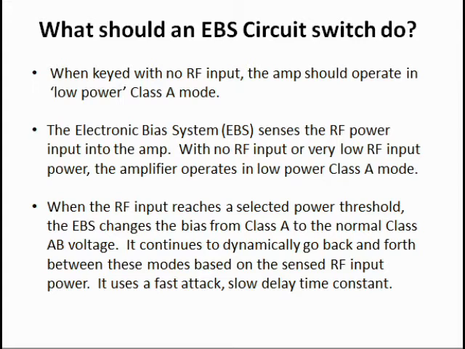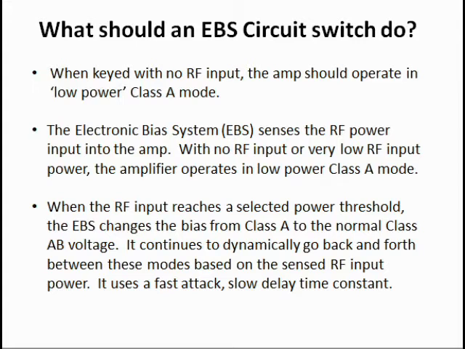When the power input gets above a certain threshold that the Class A amplifier will no longer handle without distortion, it switches the bias to go into the Class AB mode, which means the amplifier will draw more current and be able to handle the stronger signal with minimum distortion.